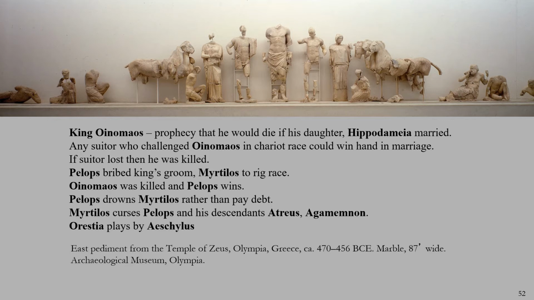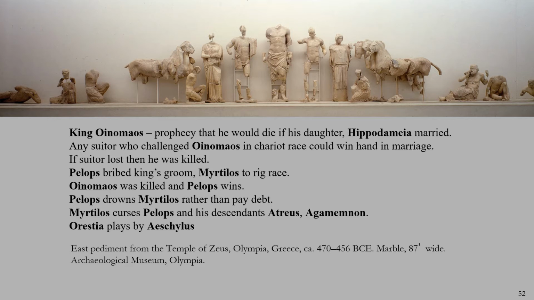But then, instead of paying his debt, Pelops drowns Myrtilos. He drowns the groom. And because of this, a curse is put on Pelops and his descendants, which leads to generations of tragedy. And this was written in a play that you might have had to read for your English classes, or a series of 3 plays, the Oresteia saga by the Greek playwright Aeschylus.